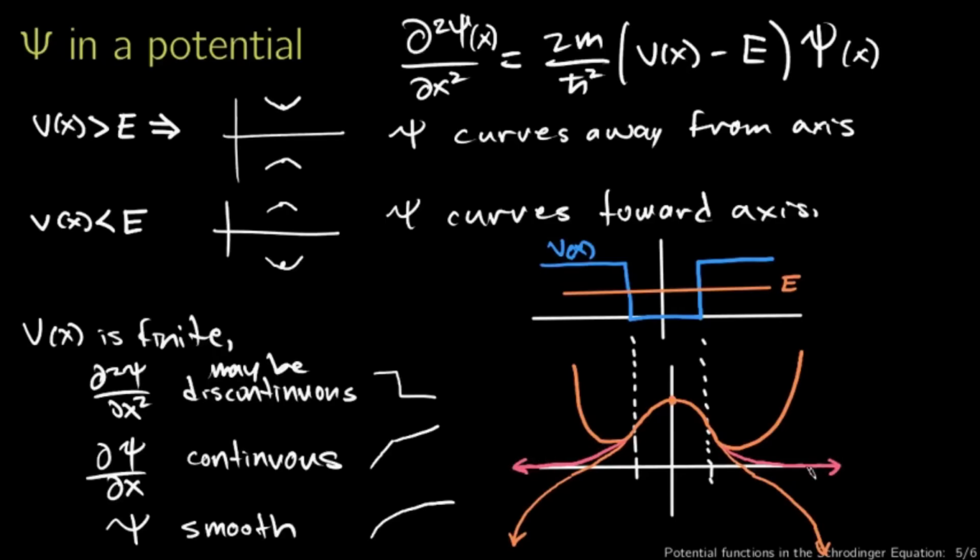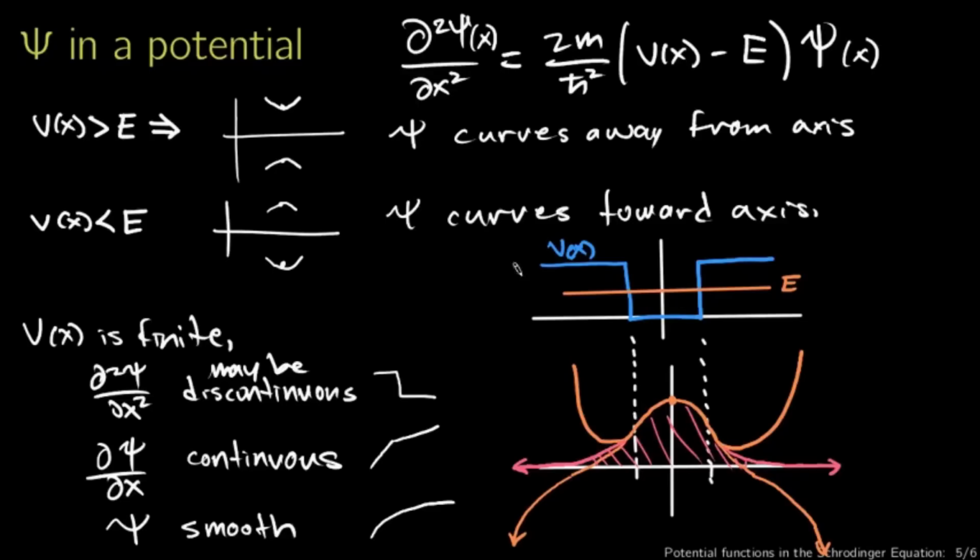It will never leave the axis again. These are the sorts of states that you might actually associate with probability distributions. If psi is blowing up like this, going to positive infinity or to negative infinity, your wave function will not be normalizable. But the wave function here, denoted by these green curves, has finite area, and therefore is normalizable.